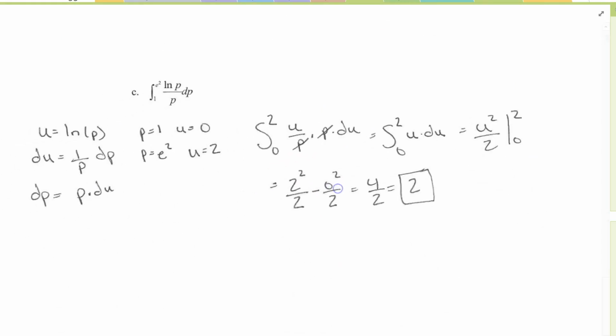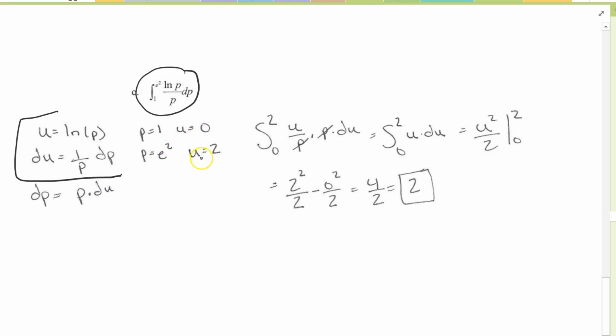This equation is the last one on the homework, 5.3 through 5.9, I believe. And what you're doing here is you're setting this up with a u substitution and making the problem easier to solve. So here's the u substitution. That changes the bounds. If I plug in p equals 1, then u would be 0.